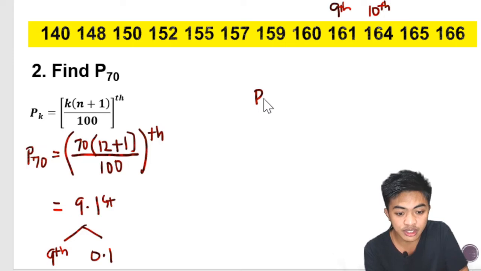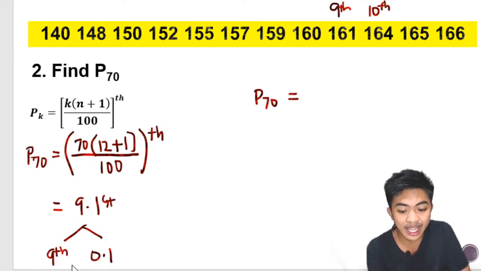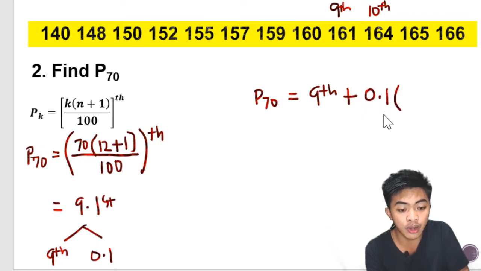Now we continue solving for the 70th percentile. So kunin natin yung integer part, which is 9th. We're going to add it to the decimal part. And then yung decimal part na to, we're going to multiply it to the 10th number minus the 9th number.